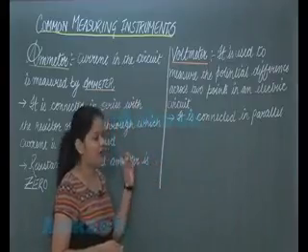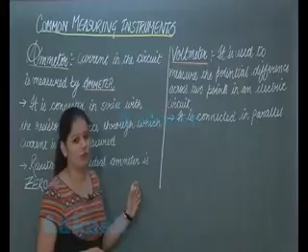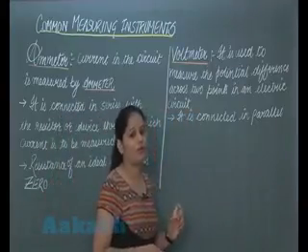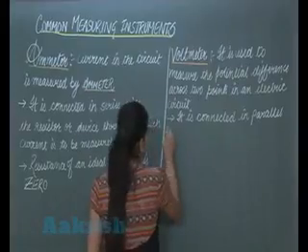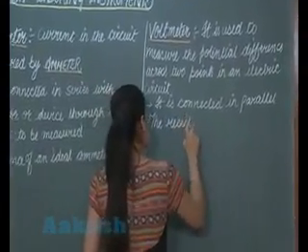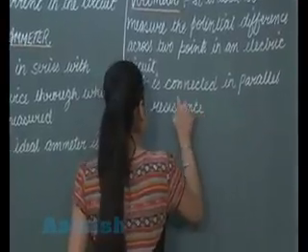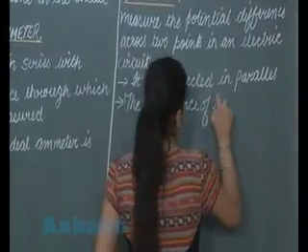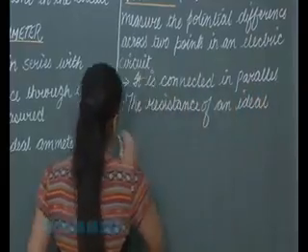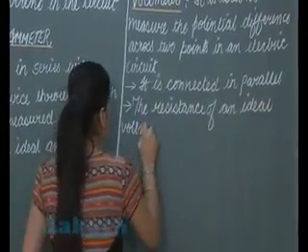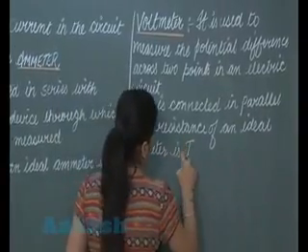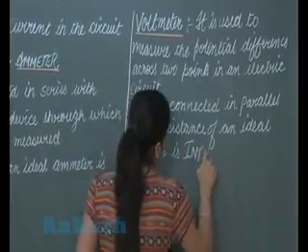Now student, the resistance of a voltmeter should be infinite, or the resistance of an ideal voltmeter is infinite.